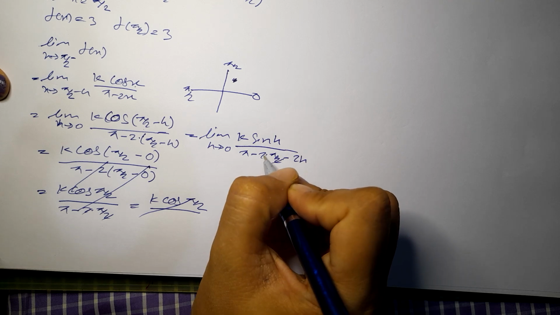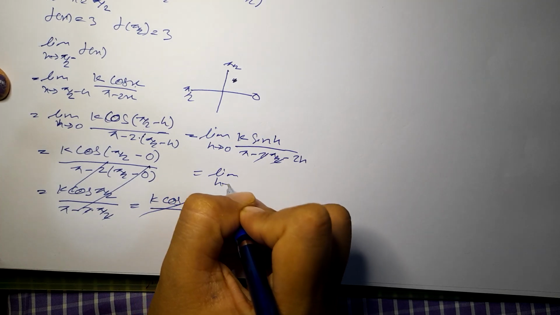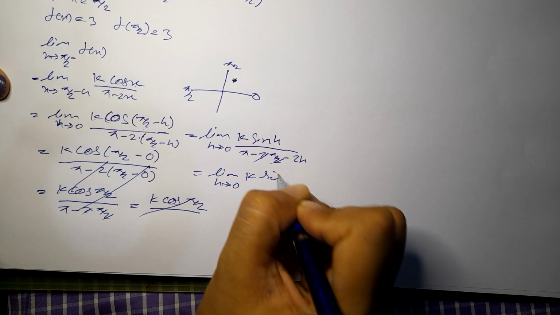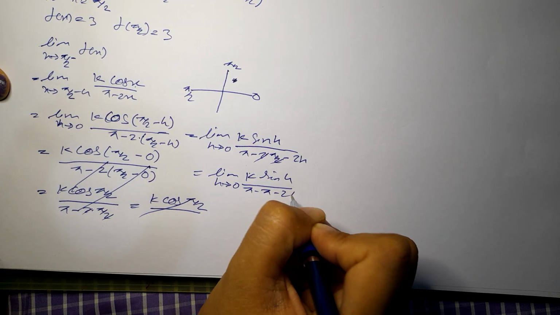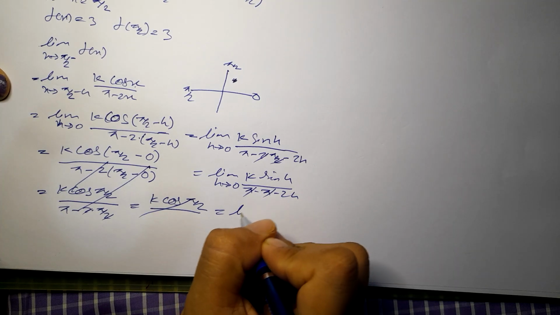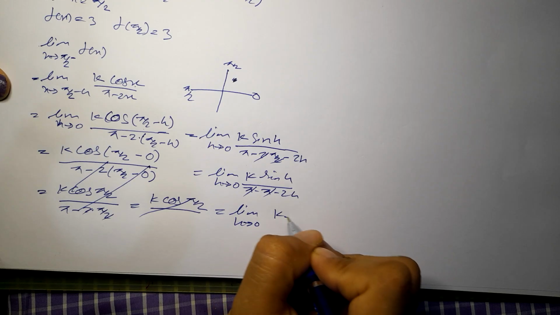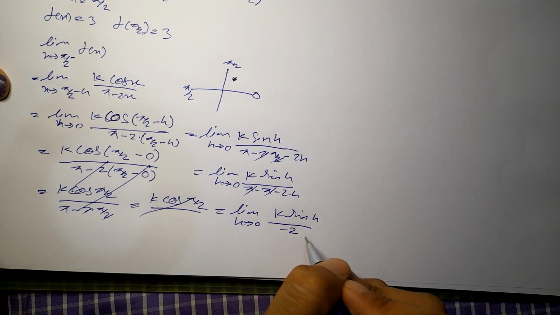So this and this will eliminate, and limit h tends to 0 of k sine h divided by, now pi minus 2h, this and this will eliminate. So here limit h tends to 0, we have k sine h divided by minus 2h.